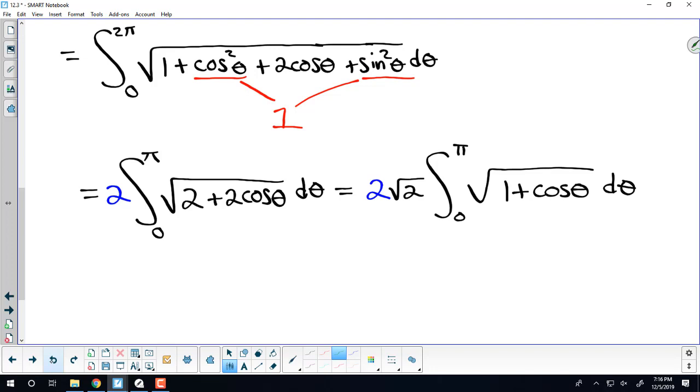So isn't 1 plus cosine of 2 theta the same thing as 2 times cosine squared? So if we put that in there, now we have root 2 times this integral.